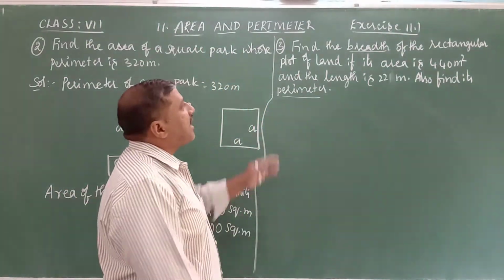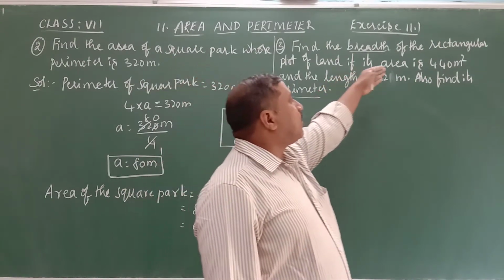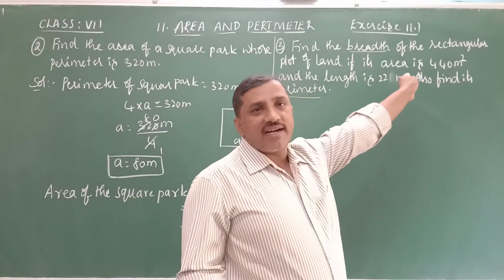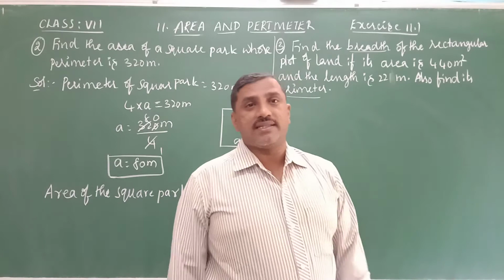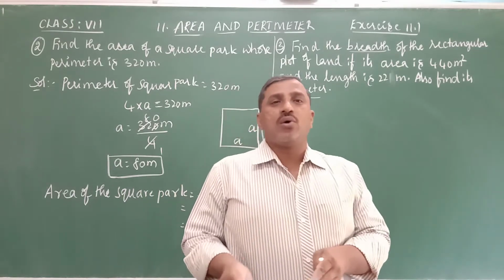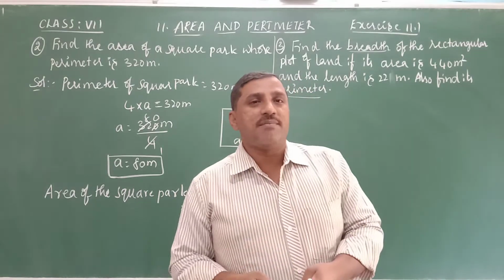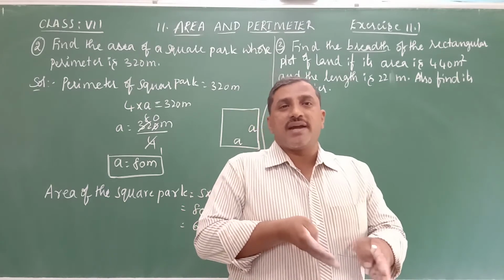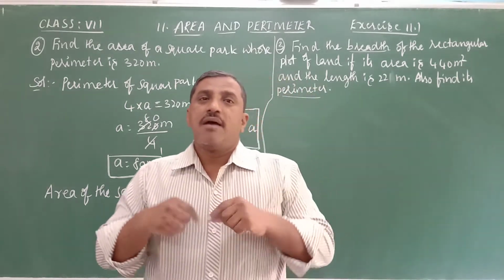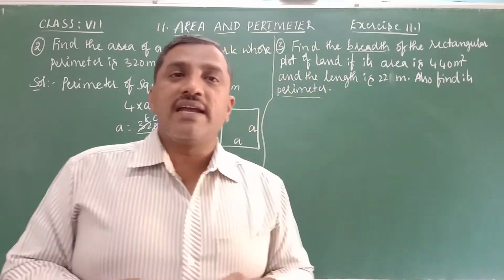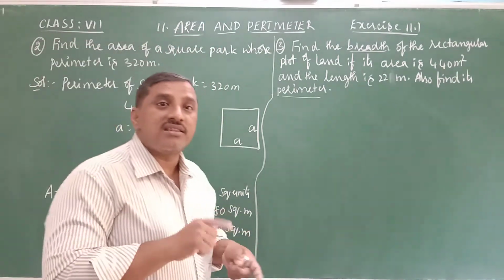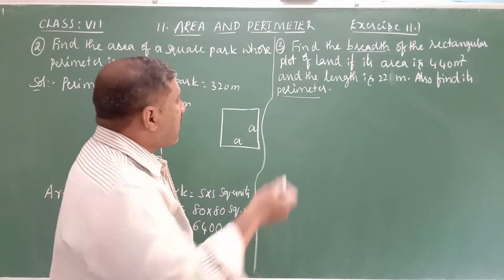So how can we find the breadth of the rectangle when we know the area? Area of a rectangle is equal to length into breadth. If we know any one measurement, if it is length we know, we can find breadth, or if breadth is given, we can find the length by dividing the area with the given measurement, that is either the length or the width.